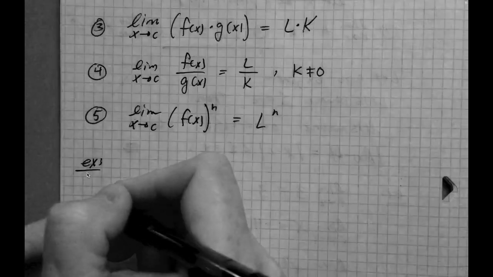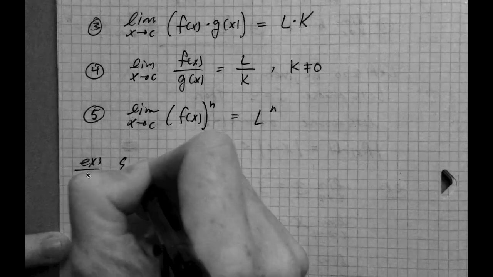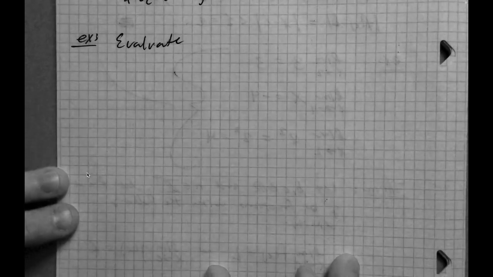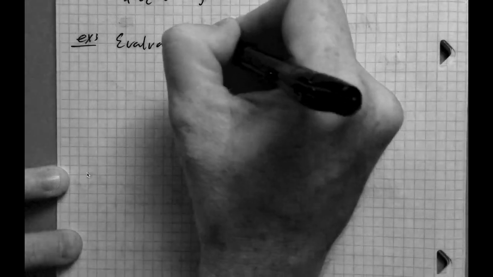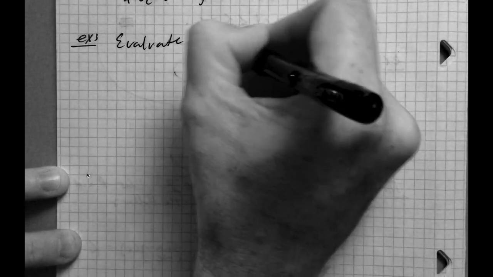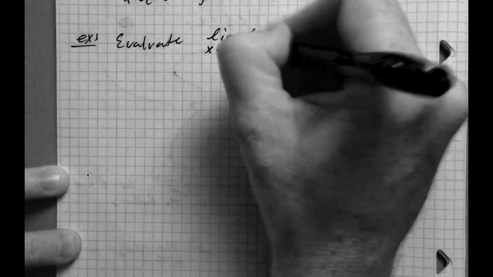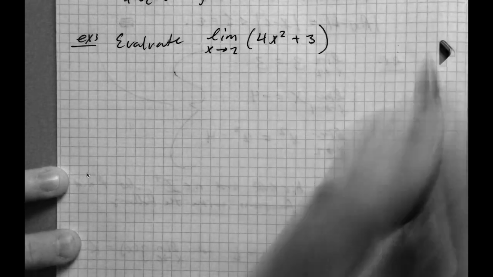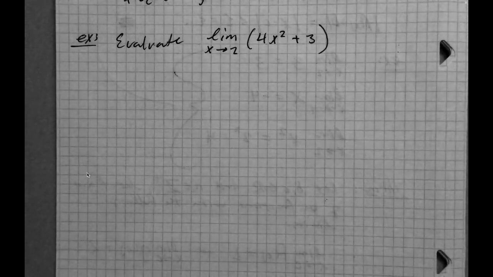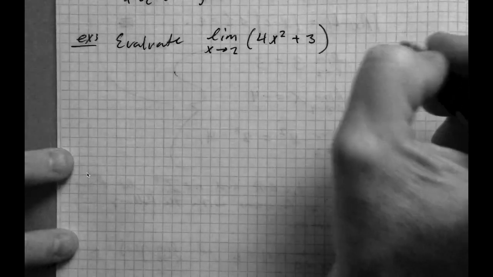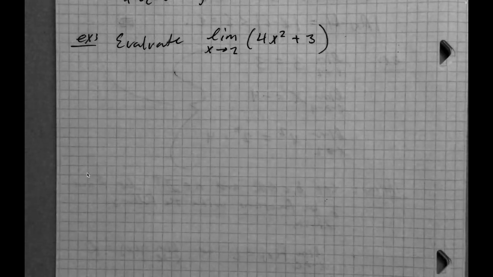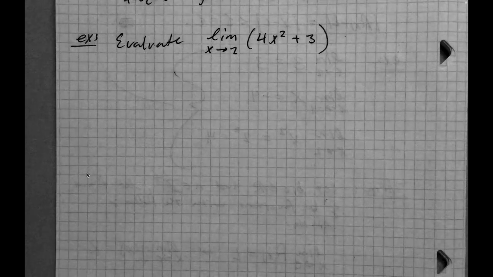Here's a nice one that makes use of a lot of this. So evaluate the limit as x approaches 2 of 4x squared plus 3. I'm going to take the most extreme approach and show as many steps as possible so that the derivation is very clear.